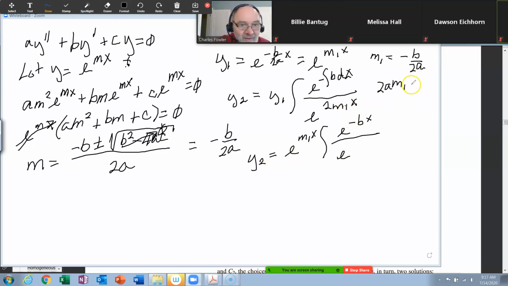So they're basically saying 2m1 is equal to minus b over a. There's a minus sign there that didn't draw. So I still don't quite see how they lost it, but they did.